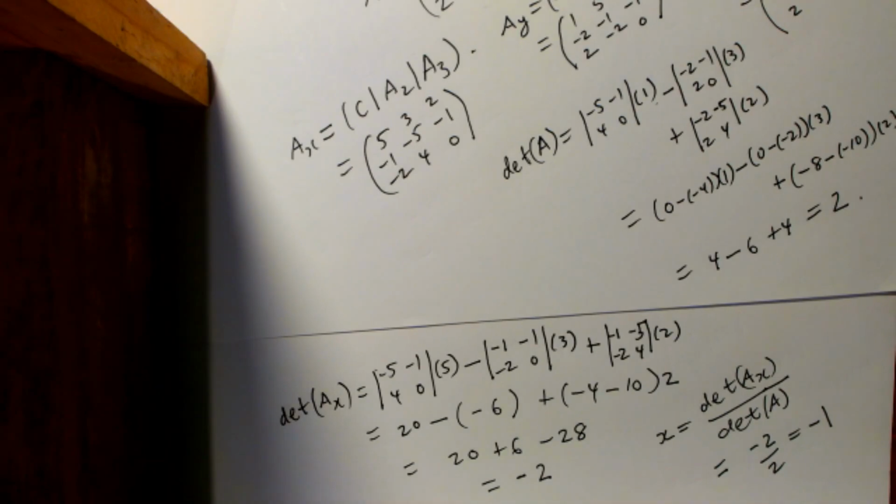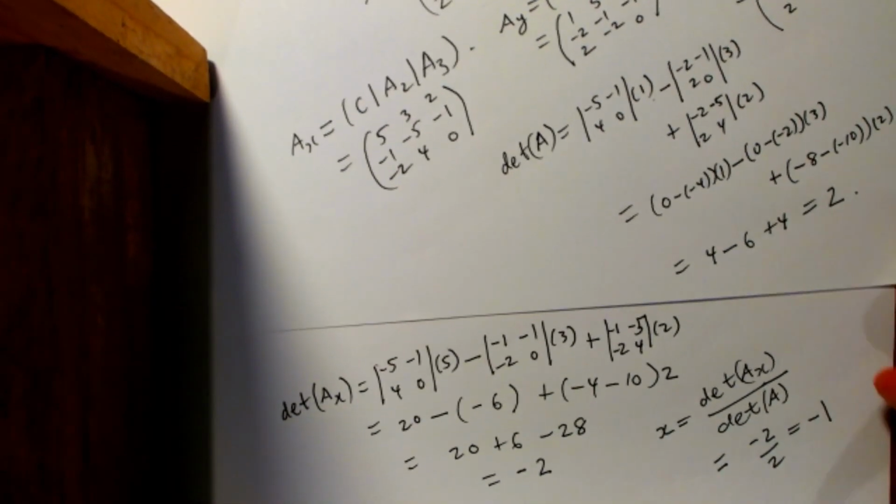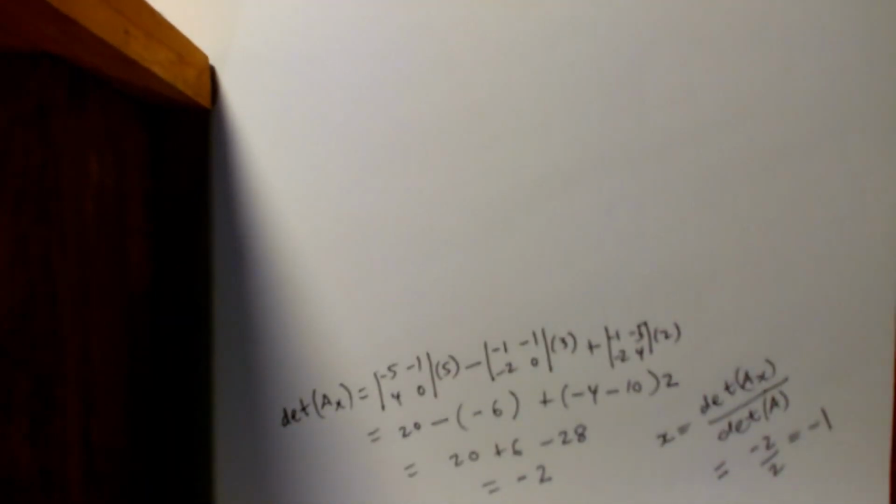Okay, so next, moving on to the determinant of A subscript y. Probably done a lot already, right? So maybe that's enough practice, but I'll do one more, just so we can be sure we've covered it.